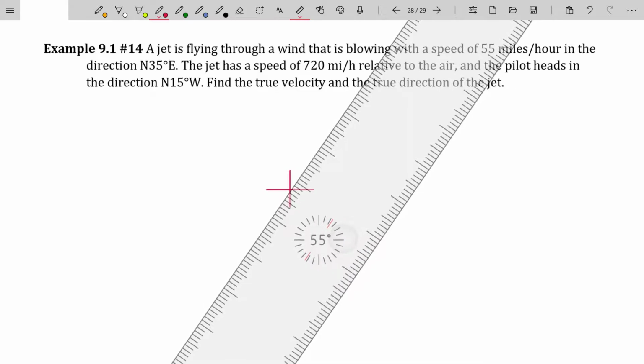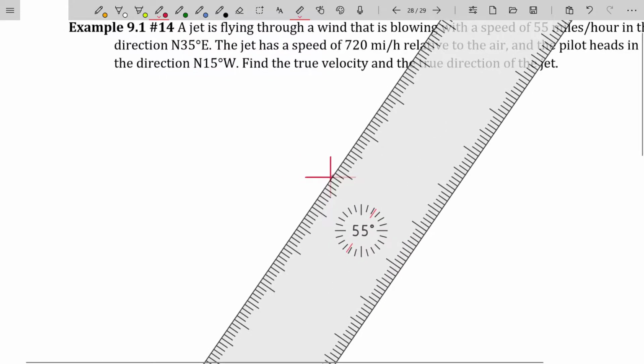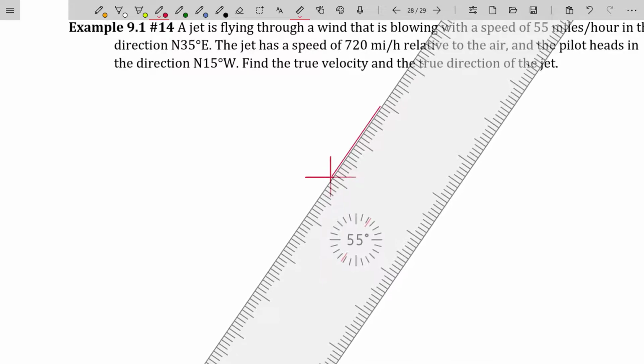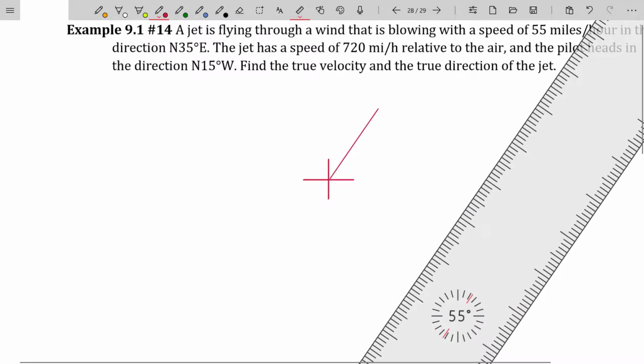And they tell me this vector has length 55 because it's a 55 mile per hour wind. So there we go. We'll just pretend as though that's 55. I'll say that that's our wind vector right there. Remember, this is a 35 degree angle right here, north by 35 degrees east.